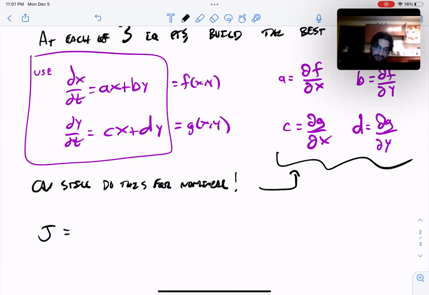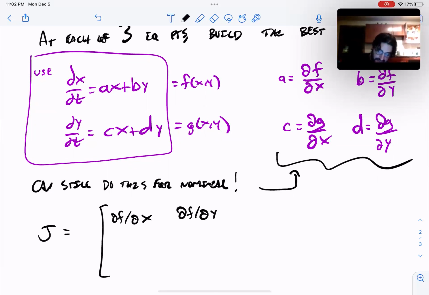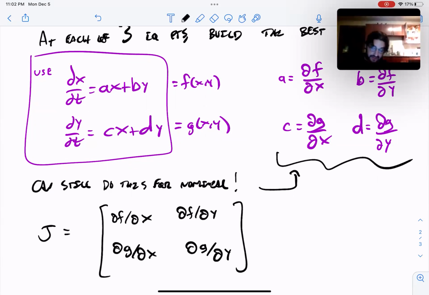So the Jacobian is exactly that. It's this matrix: df/dx, df/dy, dg/dx, dg/dy. Right, this is the Jacobian. It might look very familiar from Calc 3, if you did change of coordinates into 3 dimensions, where you do the determinant of the matrix of partials.